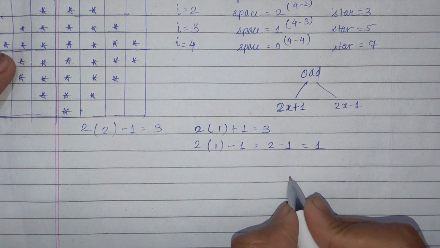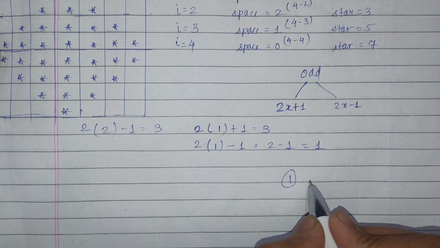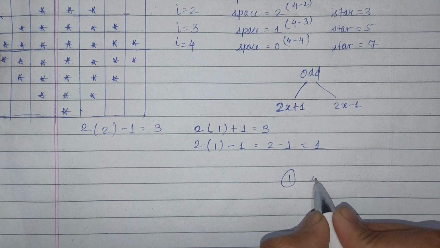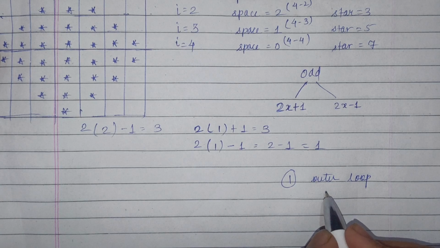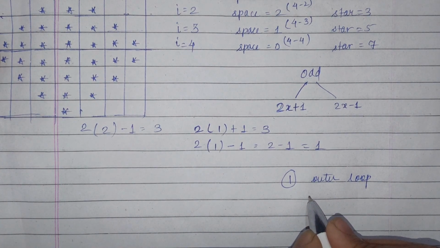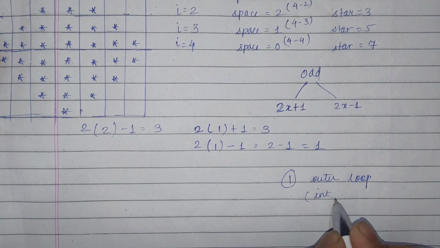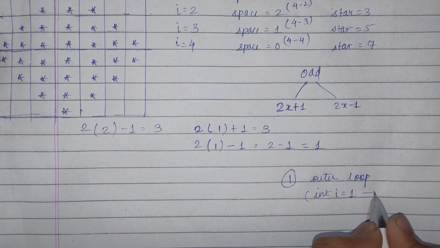Now first we have to run a loop for rows. The outer loop will be from int i equal to 1 to 4.